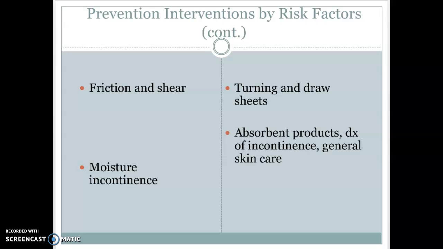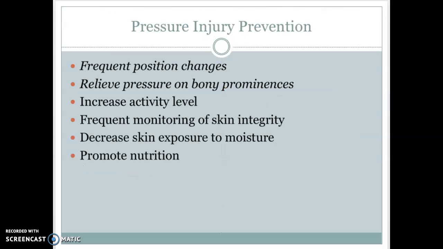Obviously, if somebody is incontinent, we're going to make sure that we are carefully monitoring that and changing their Depends as needed, applying products to the skin, such as Desitin for a little baby, which has an oil base that keeps the skin away from that moisture and protects it.